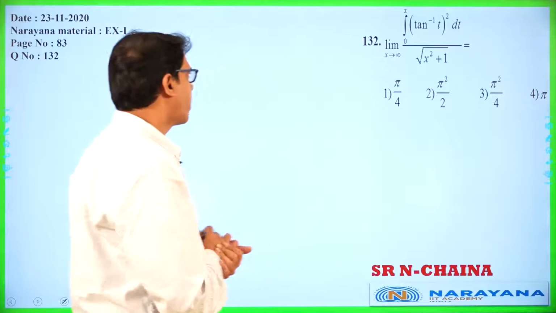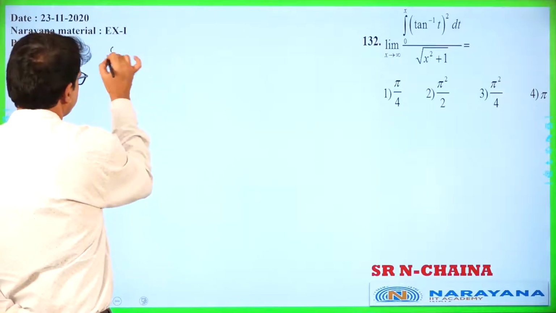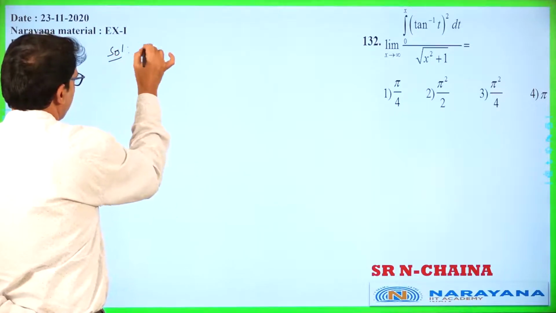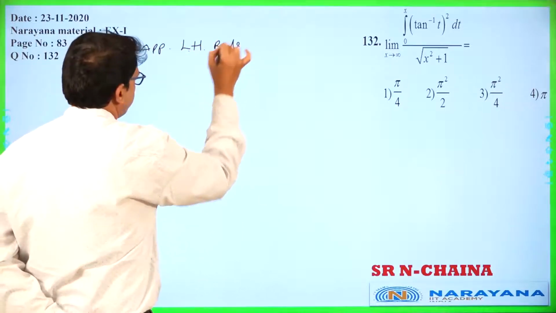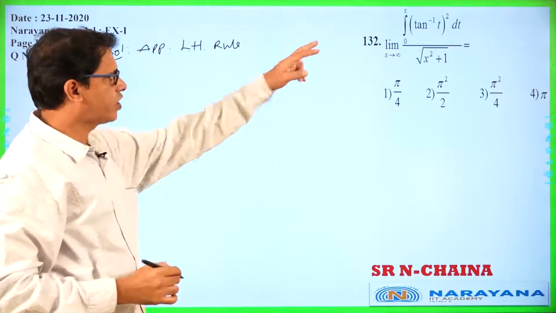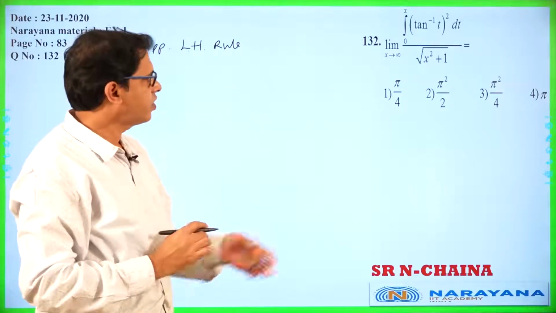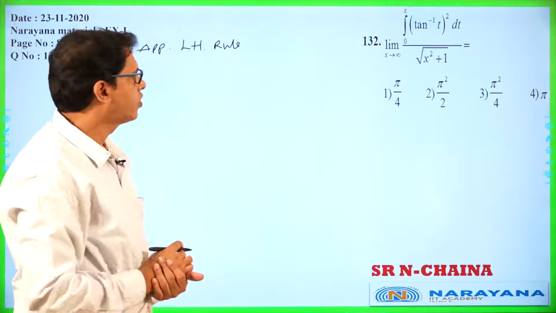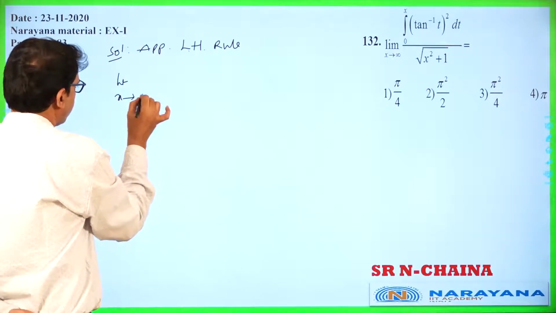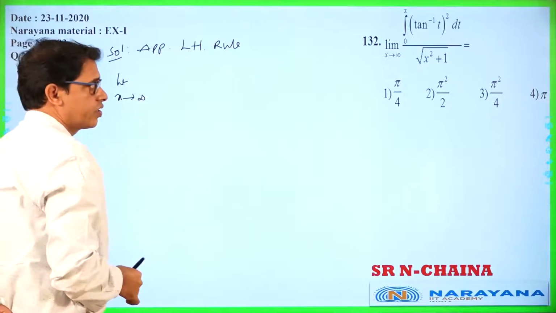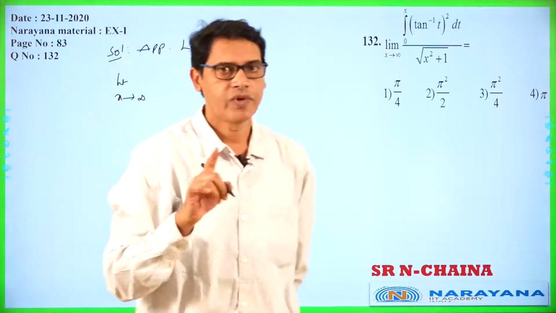So here I am applying LH rule, which means differentiate numerator, then differentiate denominator. Limit x tends to infinite. Derivation of numerator means you need to apply Leibniz rule.